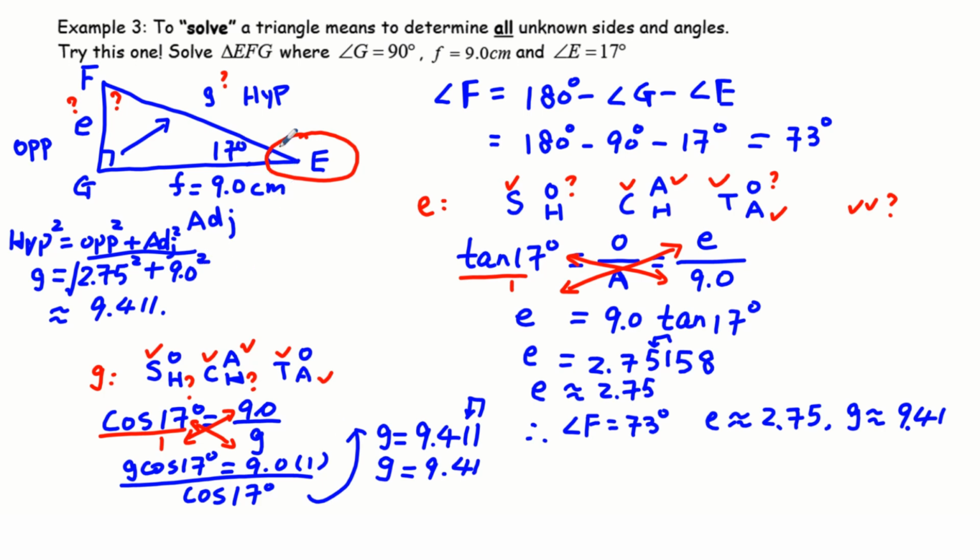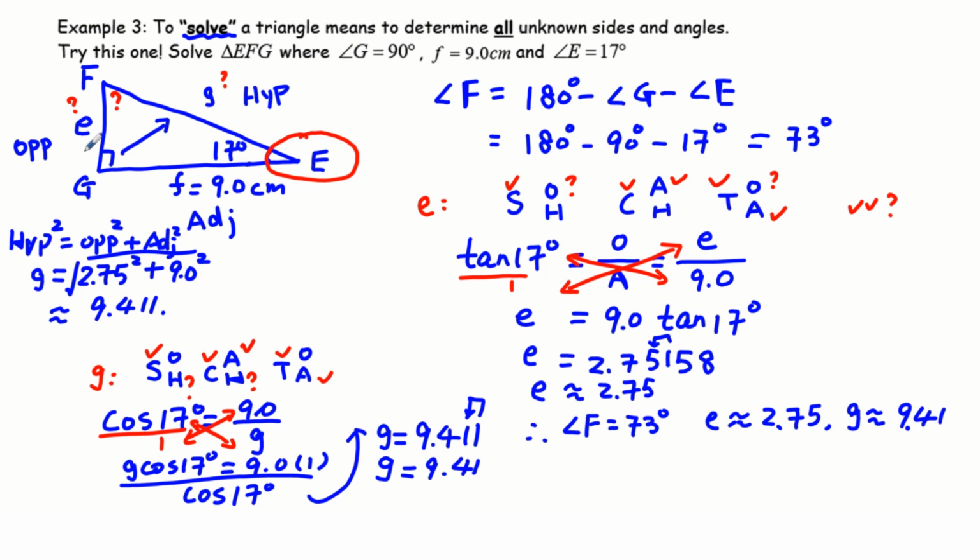So in this question, if you see solve a triangle, it means you solve for all the unknown sides and angles: three unknowns, three given. Based on the given, the first thing you want to find is the angle, because this is the easiest way. Three angles add together to 180. You take away these two, then you will find the angle left.